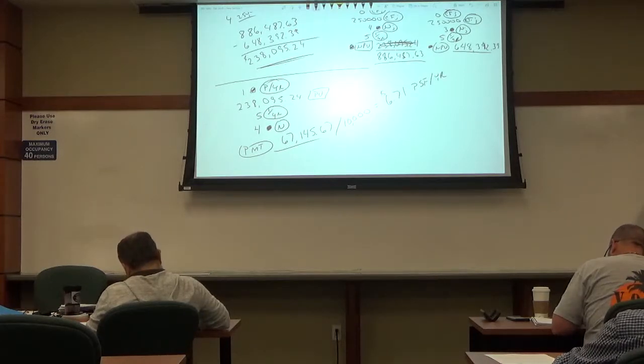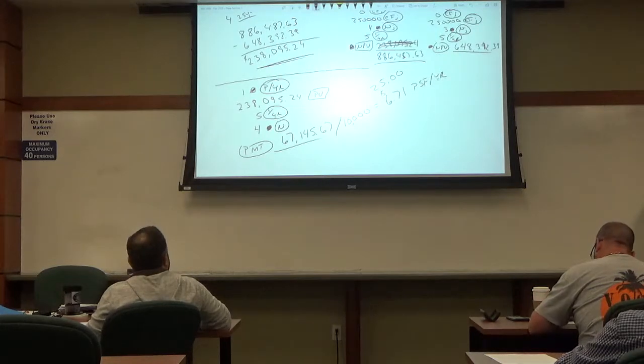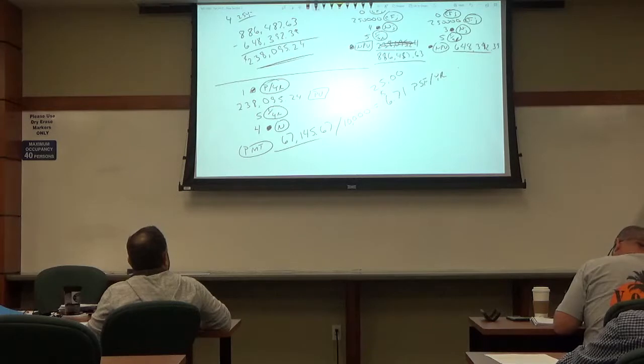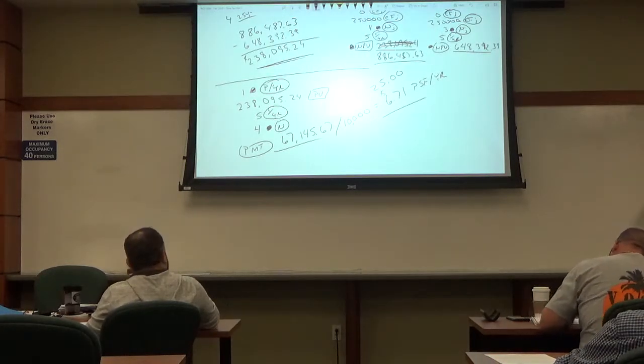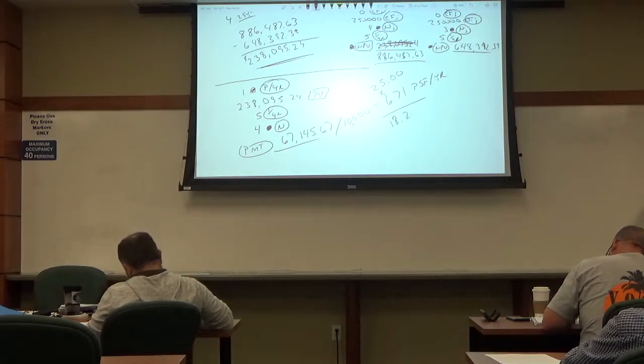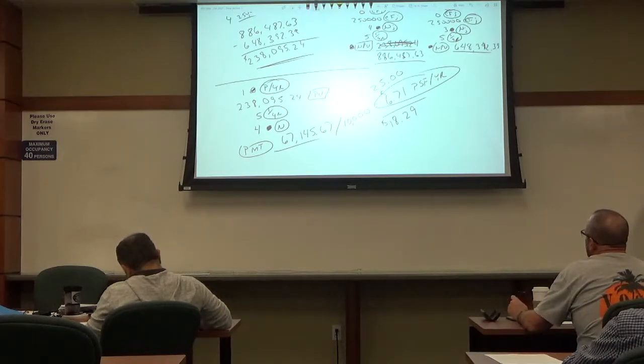In essence, if the stated rental rate, or the market rate, is $25 a square foot, we can give them a $6.71 discount per year, which means the actual rental rate they would be charged would be about $18.29. But if I'm asking just for the discount piece, that would be the answer.